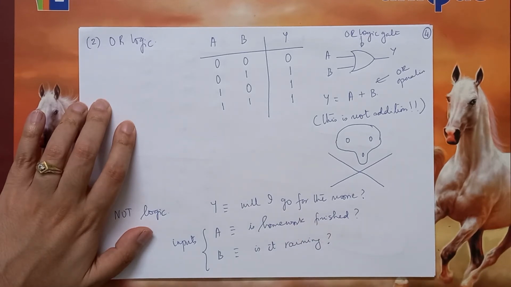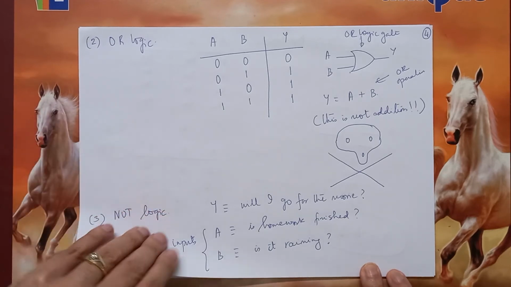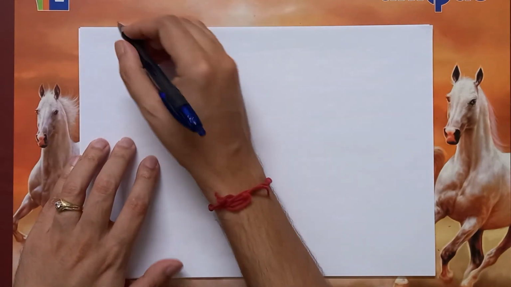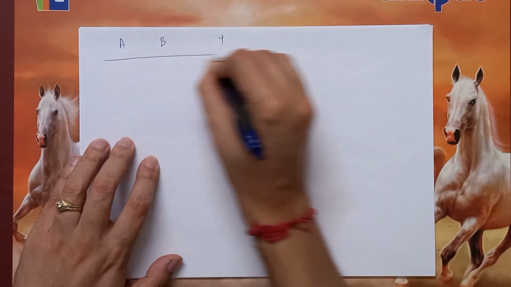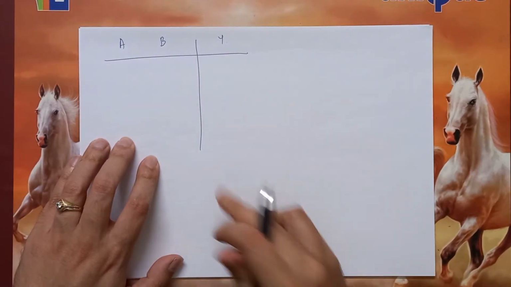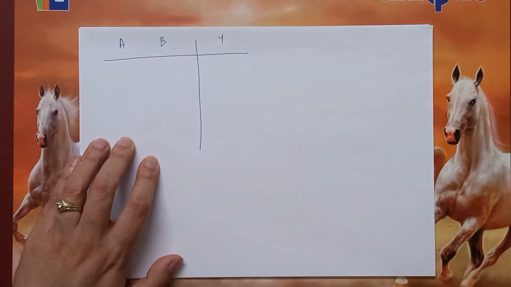So these are some things I have to look at. So if I now try to write the truth table for this particular example, I will say A, B and Y. A is the homework finished and B is it raining?